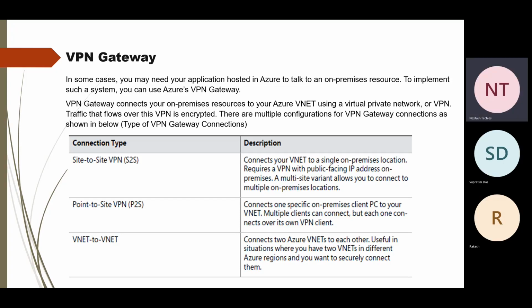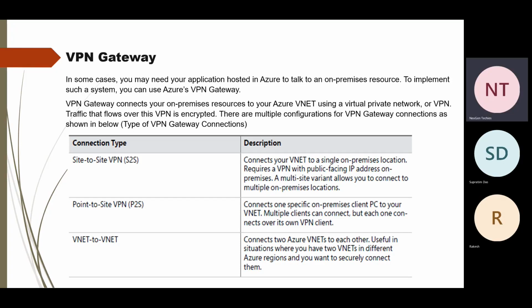Here you need a VPN client installed on your laptop or desktop. Then you authenticate using the VPN client and get connected to your Azure network. So multiple people can connect from anywhere over the internet in this case, in P2S, point-to-site.